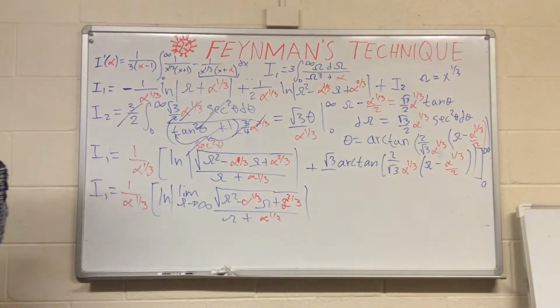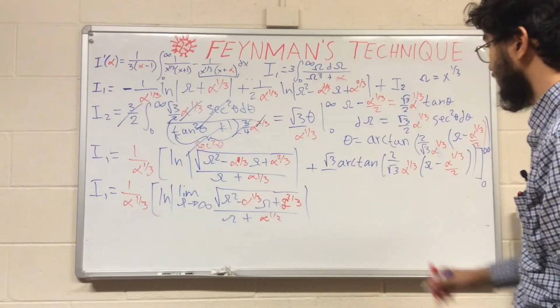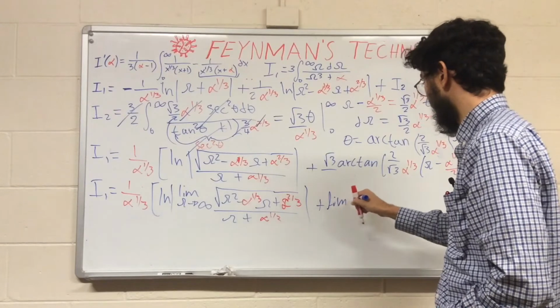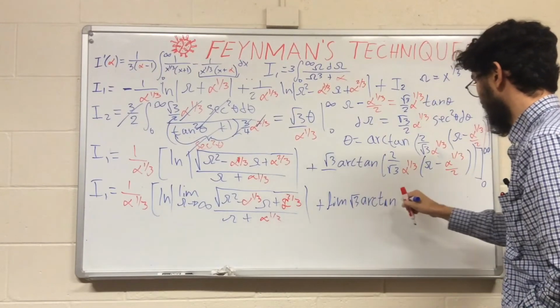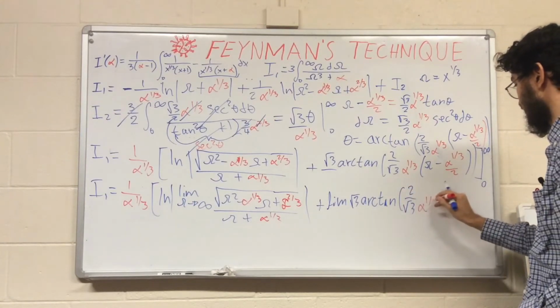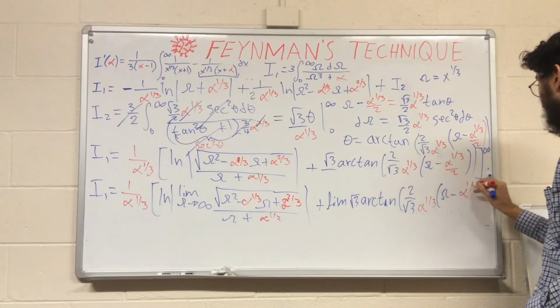That's going to be one limit. Now we're also going to take the limit as it goes to infinity, so plus the limit of radical 3 arctangent of 2 over radical 3 times alpha to the 1/3 multiplied by omega minus alpha to the 1/3 divided by 2.